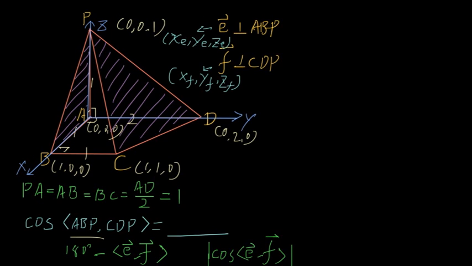So let's first get vector E solved. Vector E is perpendicular to plane ABP. If a line is perpendicular to two intersecting lines in one plane, that line is perpendicular to this plane. So if vector E is perpendicular to AP and AB, the vector E will be perpendicular to the plane ABP.